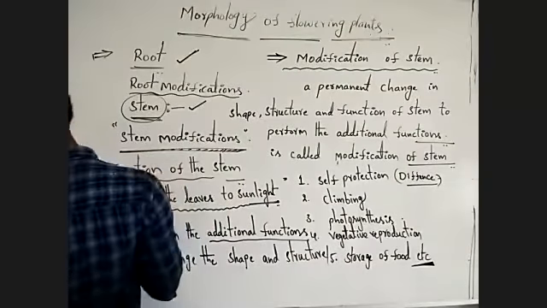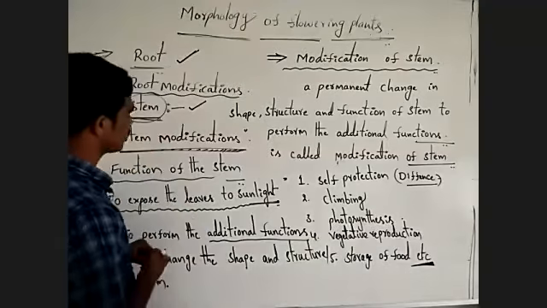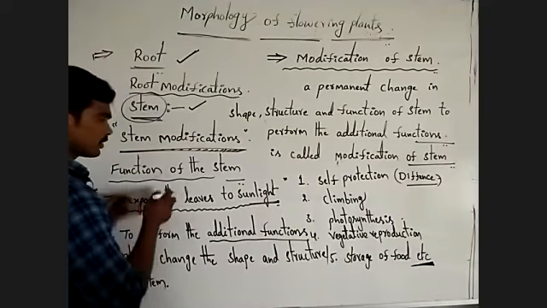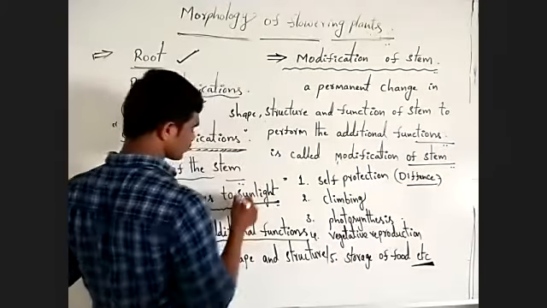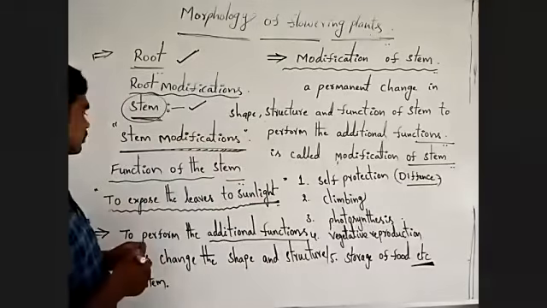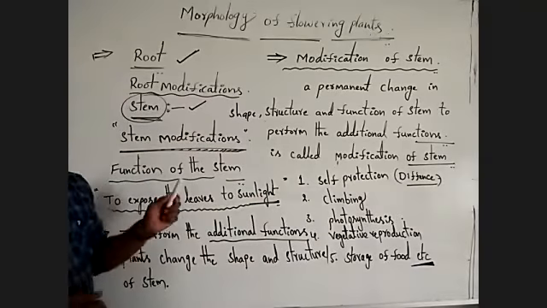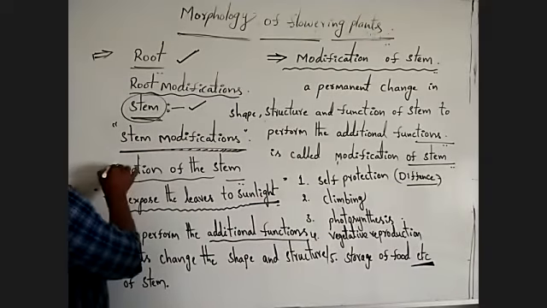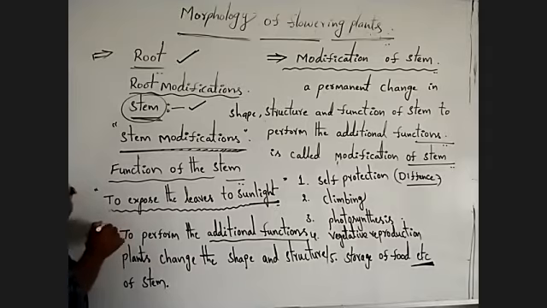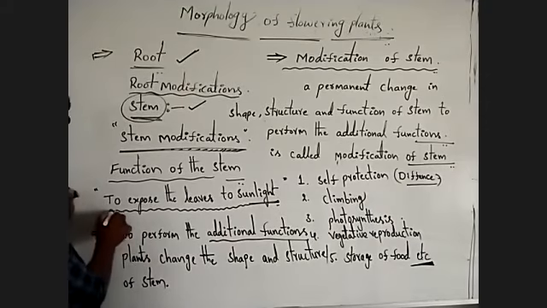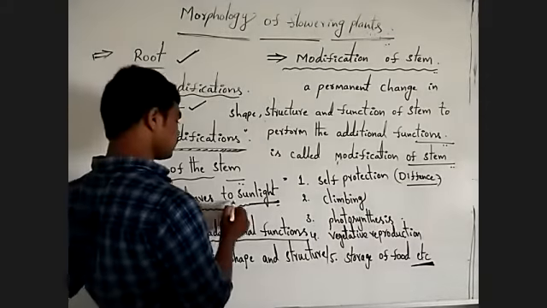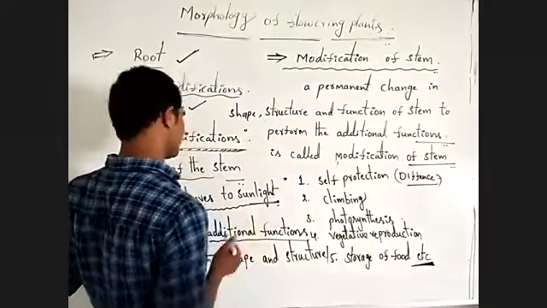What is the function of the stem? Actual function is to expose the leaves to sunlight.